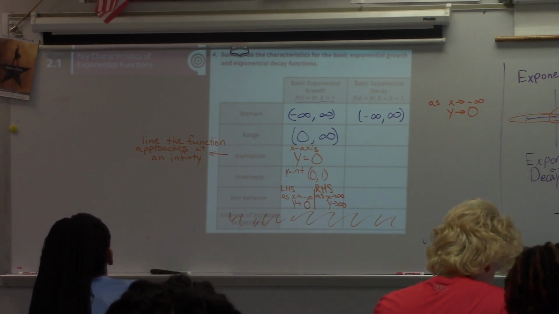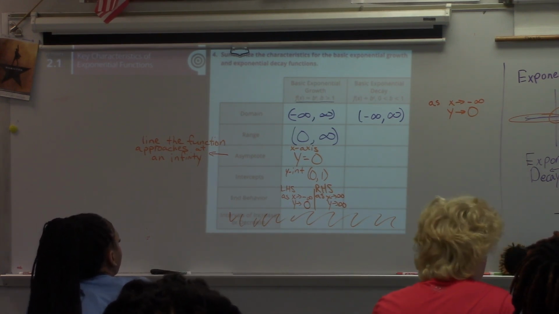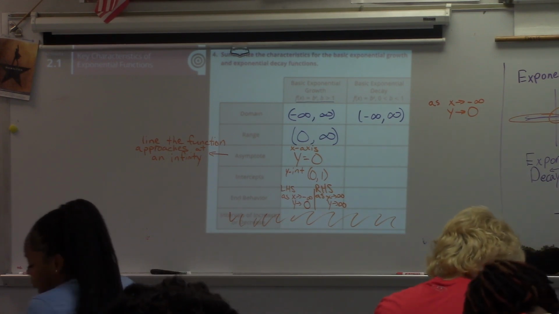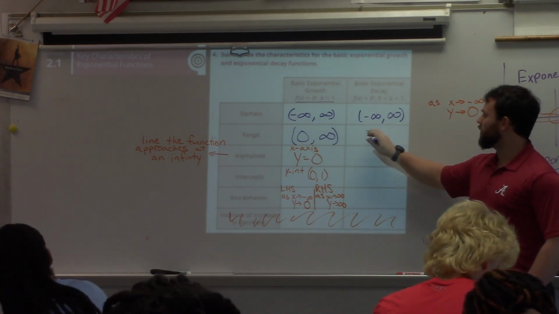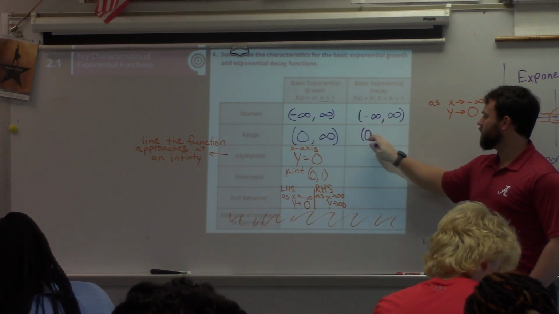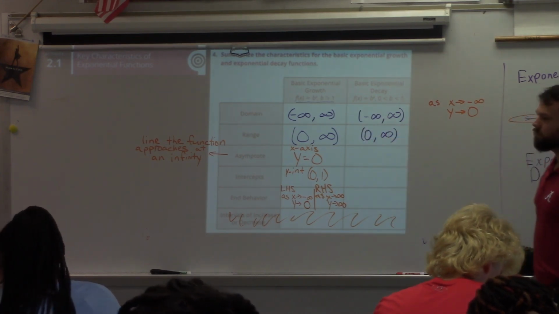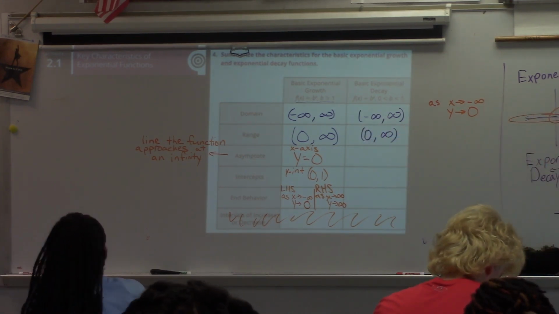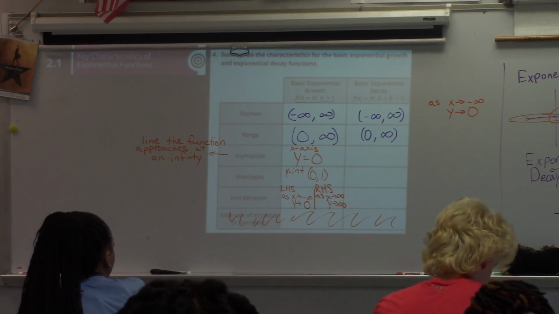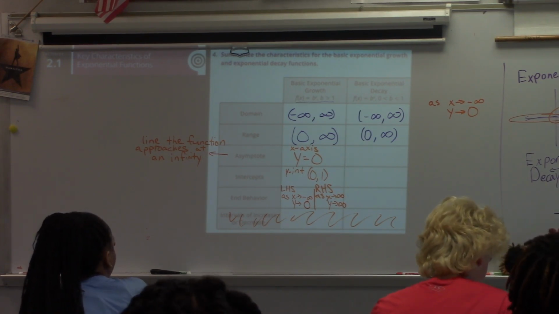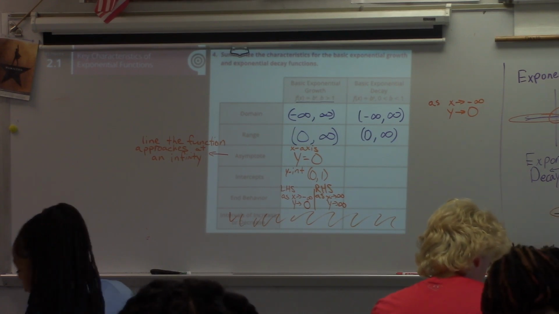What about the range then? What's the lowest y value? It's still 0 again, isn't it? And what's the highest y value? Anyone see an asymptote? Well, the x-axis, again, which is when y is equal to 0.